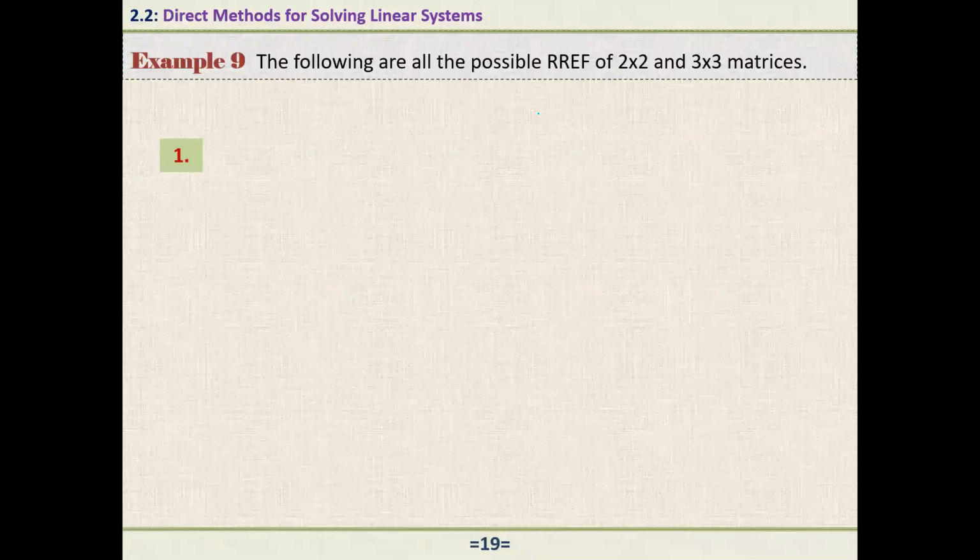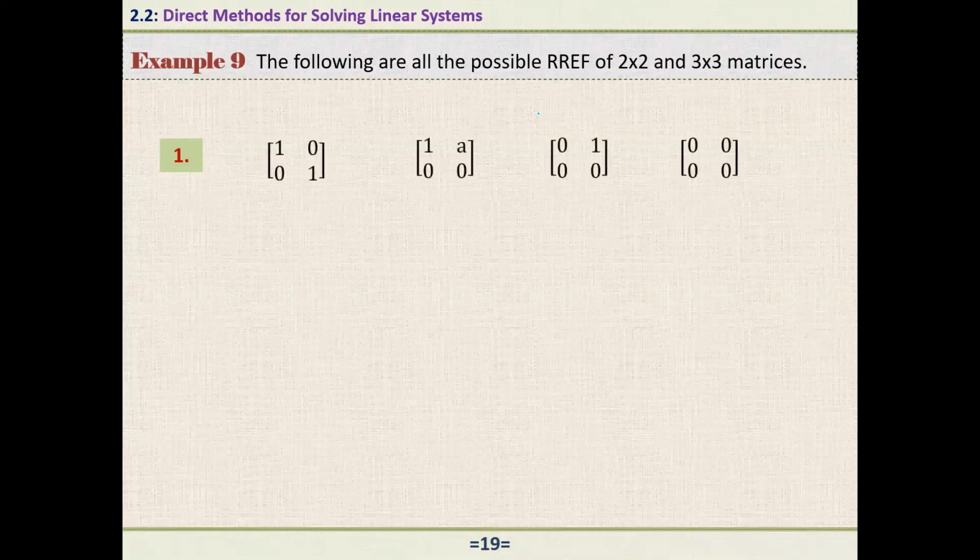Examples. The following are all the possible reduced row echelon forms of 2 by 2 and 3 by 3 matrices. Let's say we are given a 2 by 2 matrix. Either it can be in this form, as you see here, these two are leading variables, right? So that is 1, also that is 1, and everywhere else it is 0.